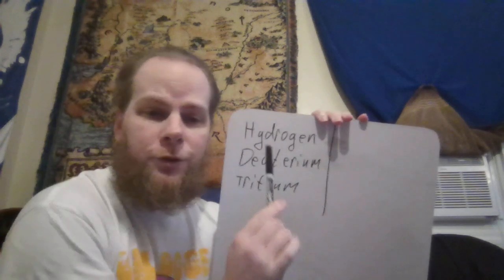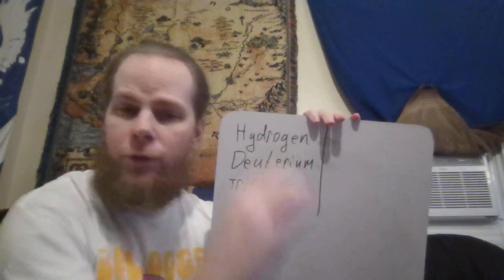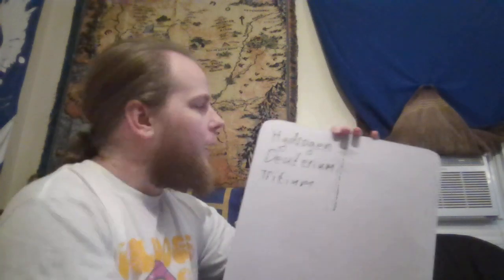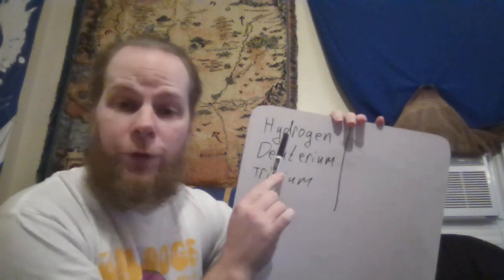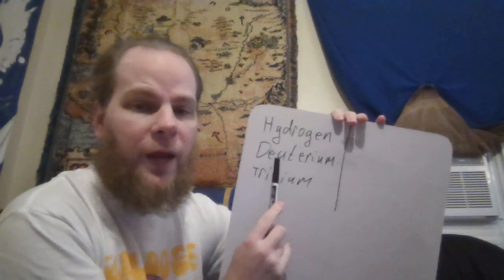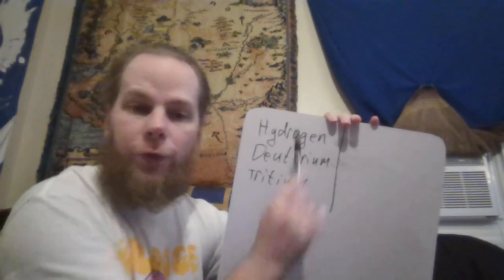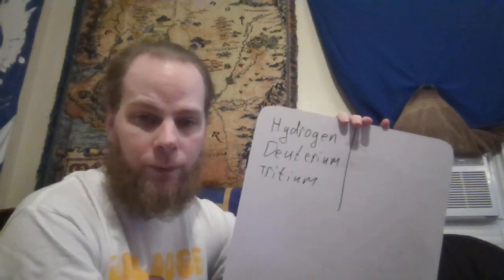Alright, so hydrogen, deuterium, and tritium. You do not have to know these words. I am just using them as an example. Hydrogen has 0 neutrons, deuterium has 1, and tritium has 2. All 3 of these have only 1 proton.